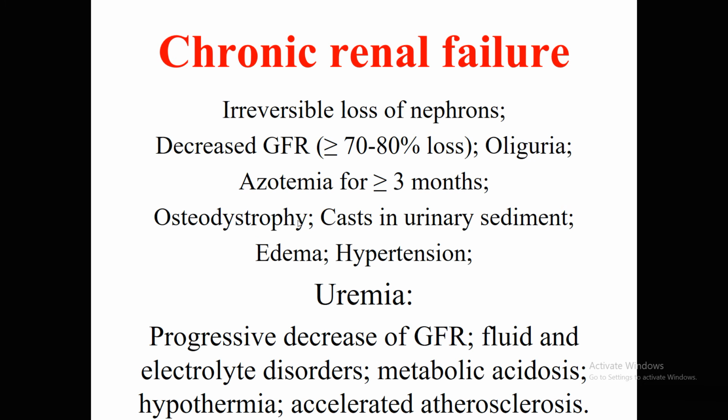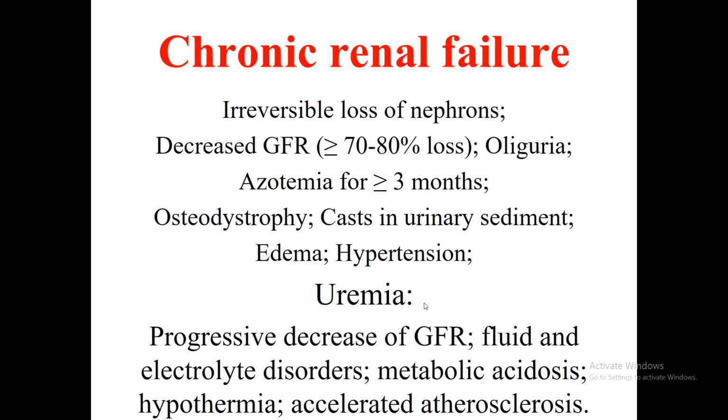Osteodystrophy observed, as already mentioned, is due to disorders in calcium metabolism, as reviewed a little bit earlier, and also the sodium retention and water retention will contribute to the increased intravascular volume, hypervolemia, increased arterial pressure, and edema.